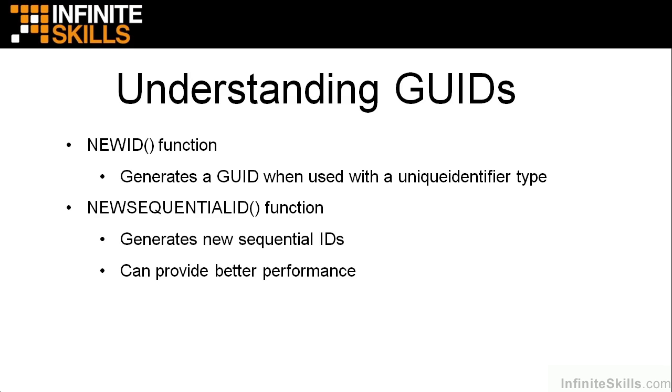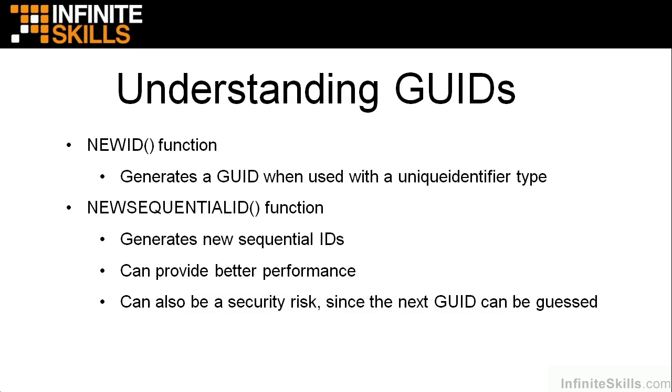This can, in some cases, provide better performance depending on how you're using them. However, there can also be a security risk here, because once I can figure out that you're using sequential IDs, I can guess what the next globally unique identifier can be or will be, and I can also guess what the last 2, 3, 4, 5 were.